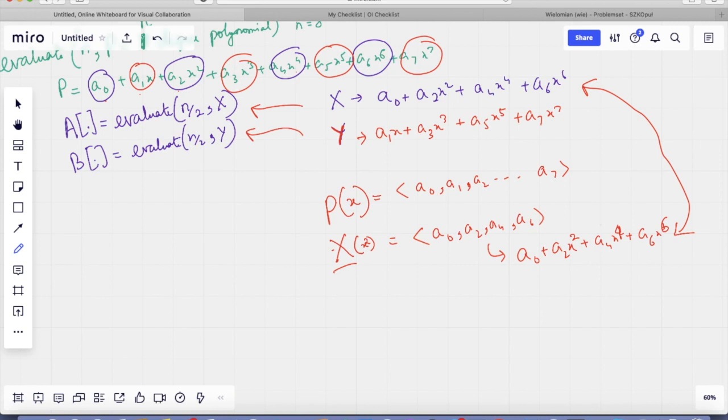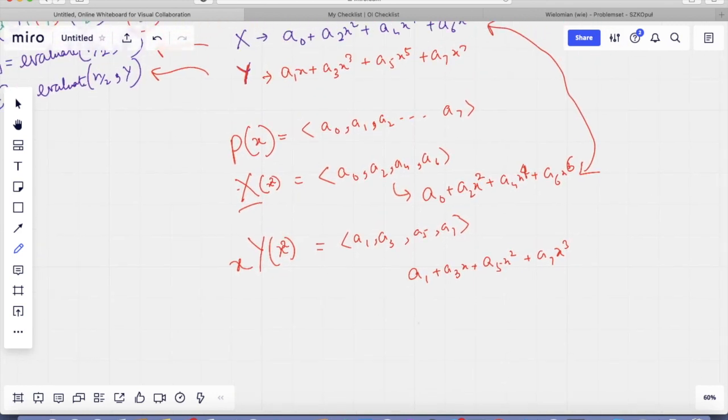Similarly for y, if we just write y equal to x, then we just get a1, a3, a5, a7, which will again be written in the form a1 plus a3x plus a5 x square plus a7 x cube. But this is not what we wanted, right? So here the trick is we write it as y of x square into x.